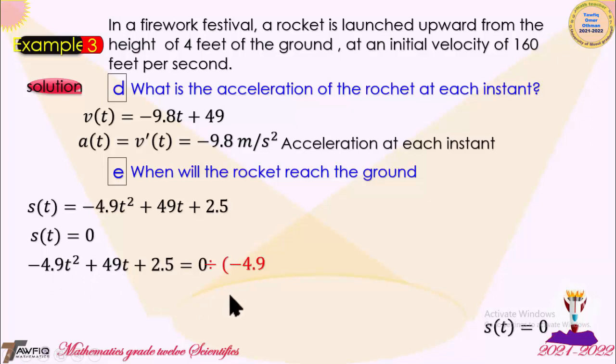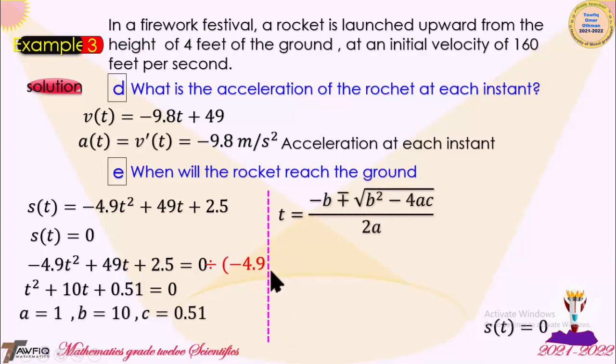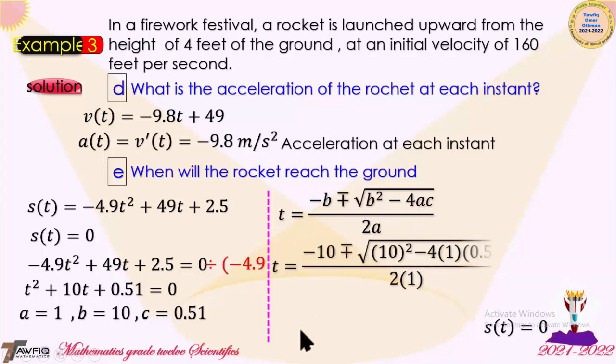Dividing by minus 4.9, then t squared plus 10t plus 0.51 is equal to 0. Solving this by using the rule, t is equal to minus b plus or minus the square root of b squared minus 4ac, over 2a, and it gives us two values of t.